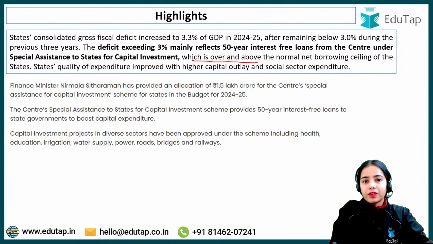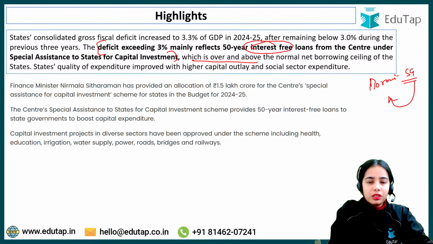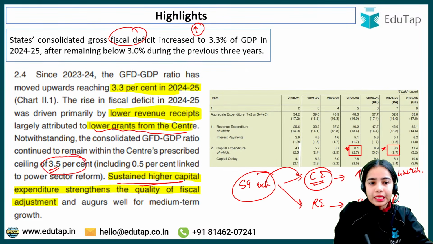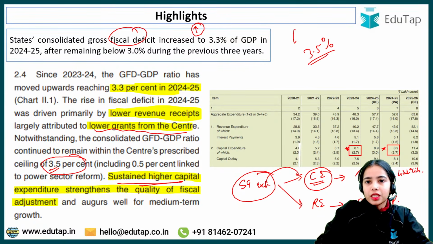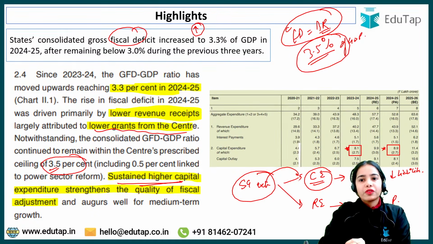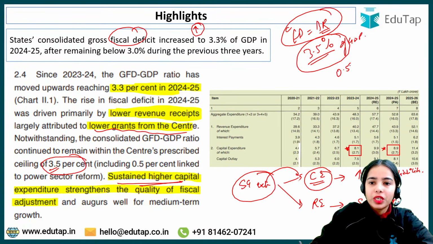Now, this extra borrowing that the state governments are able to do at interest-free level is over and above the normal net borrowing ceiling of the states. See, the total borrowing ceiling is 3.5% of GDP, right? The consolidated fiscal deficit or total borrowing requirement of the states should have a ceiling of 3.5% of GDP, which includes 0.5% for the power sector.